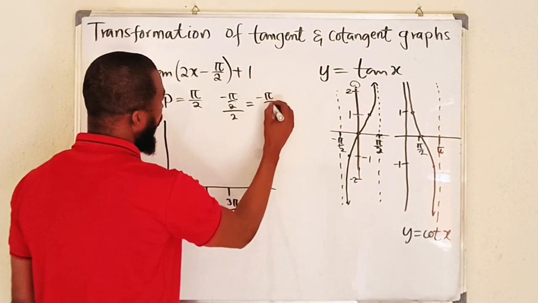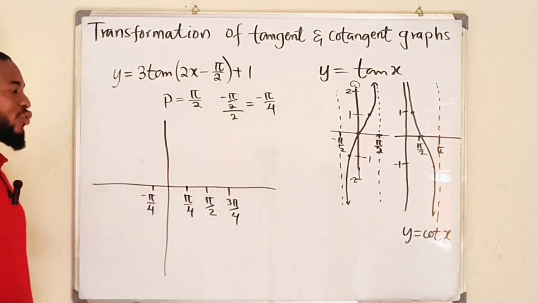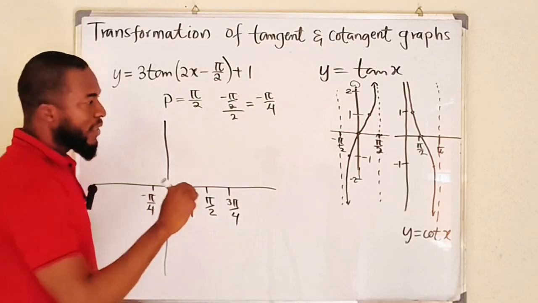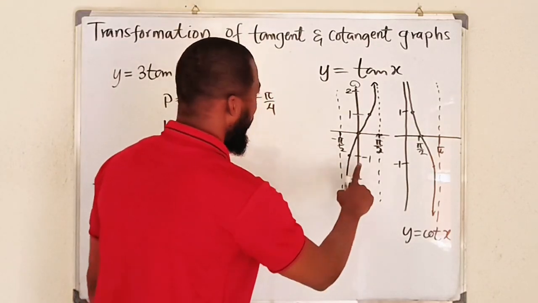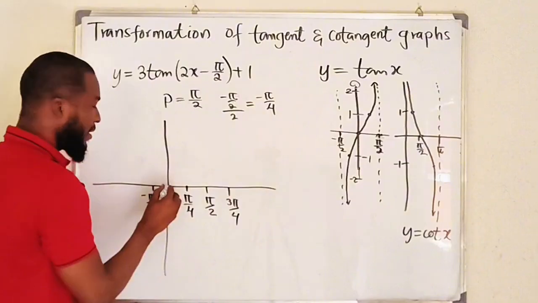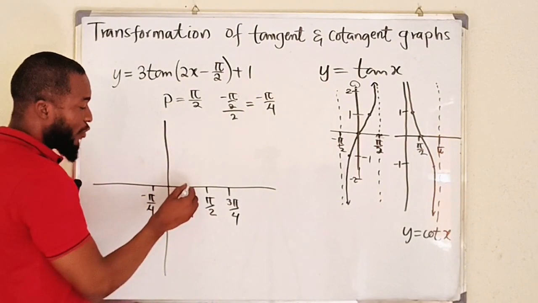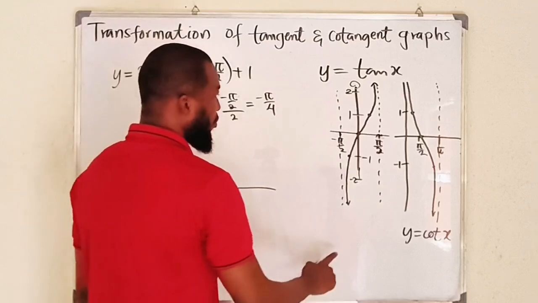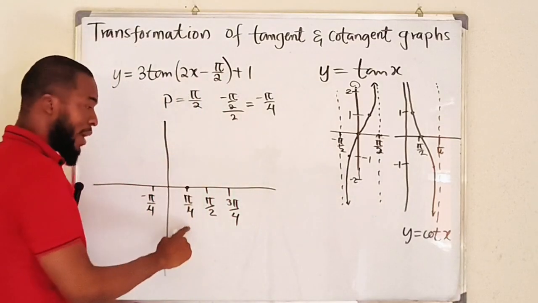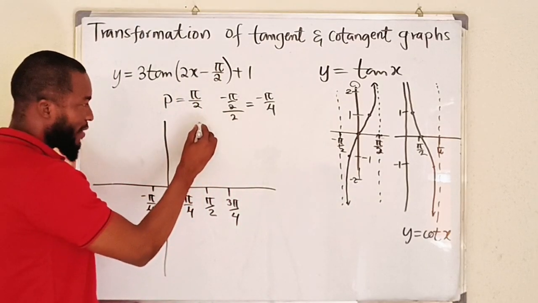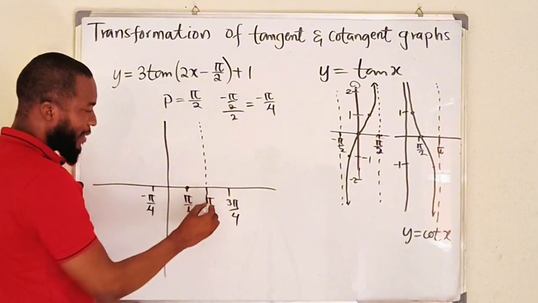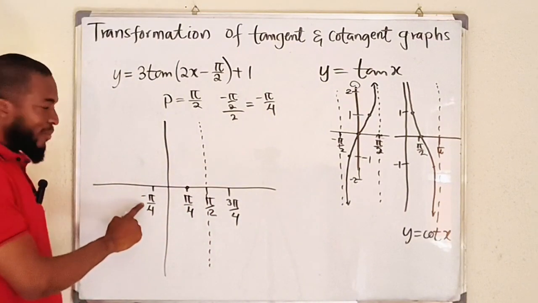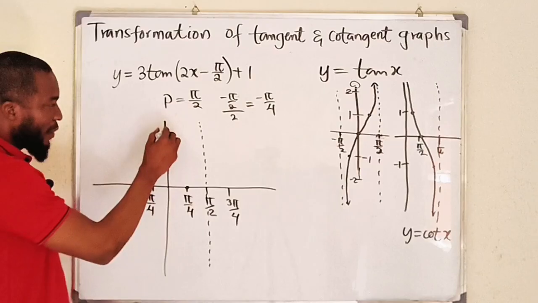Negative pi over 4. So this is going to shift the graph negative pi over 4 to the right. So where, we used to have a point here, right? At origin, it is now going to come here. And our vertical asymptote that used to be here at the first line is now going to be at the second point. Our vertical asymptote that is here will now be at origin.